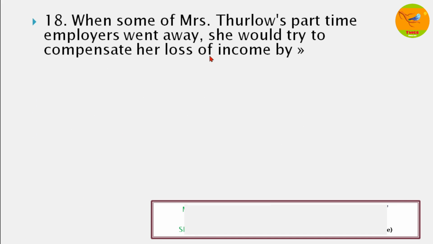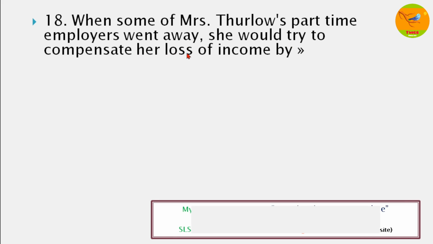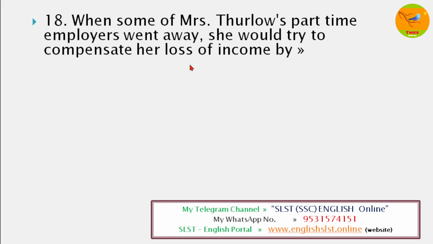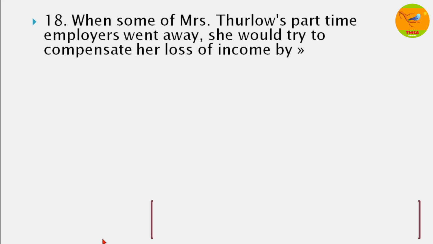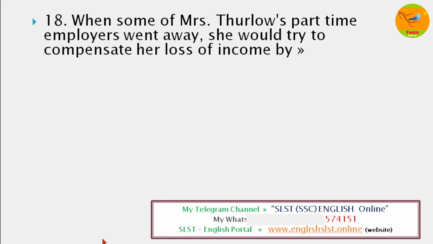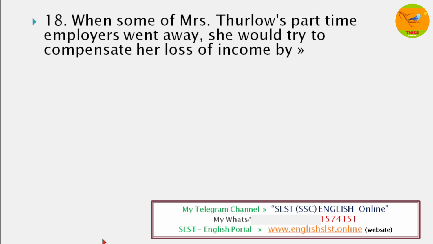When some of Mrs. Thurlow's part-time employers went away, she would try to compensate her loss of income. Suppose some of her part-time employers left for holiday, or did not remain present at their location.